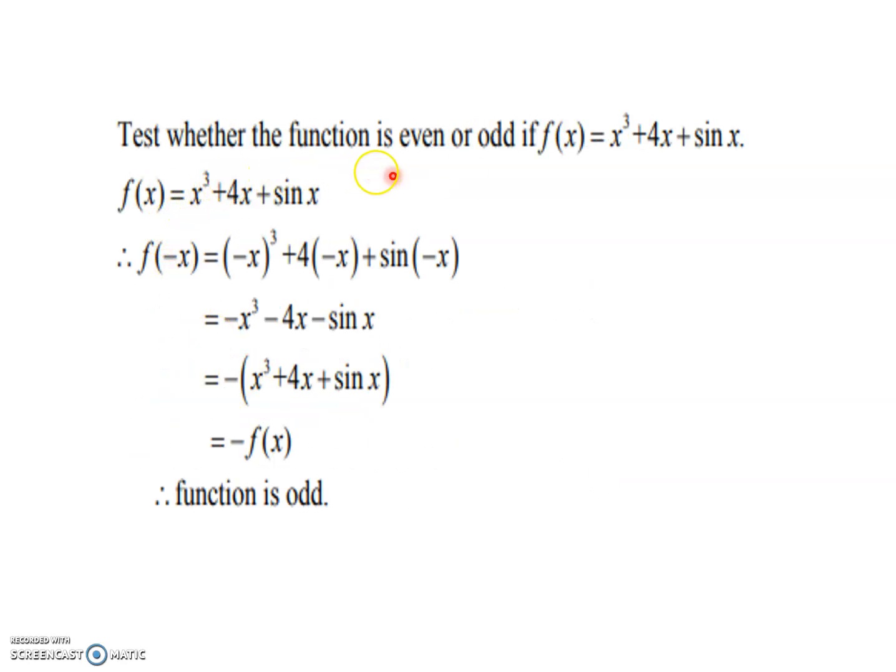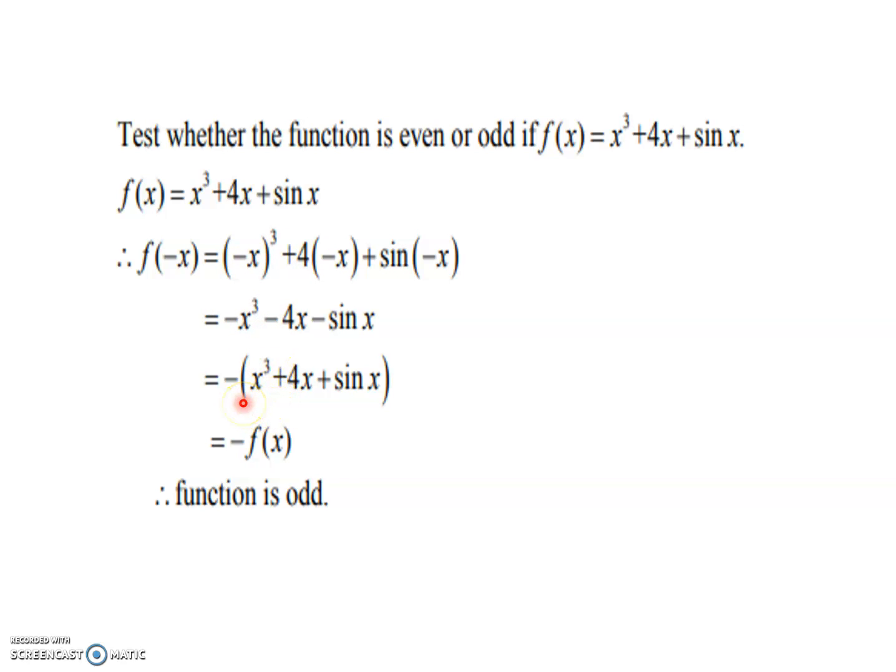Test whether the function is even or odd if f of x is equal to x cube plus 4x plus sin x. Instead of x, we put minus x. So minus x cube plus 4 into minus x plus sin of minus x. We know that sin of minus theta is minus sin theta, so we take minus sin x. 4 into minus x is minus 4x, and minus x cube is minus x cube.